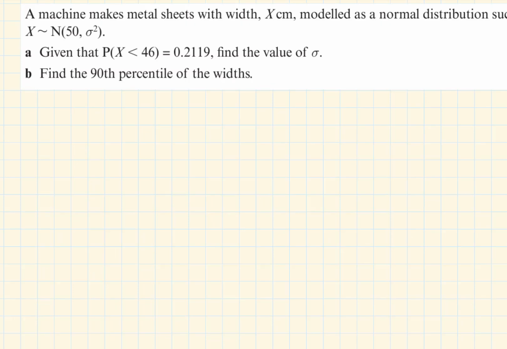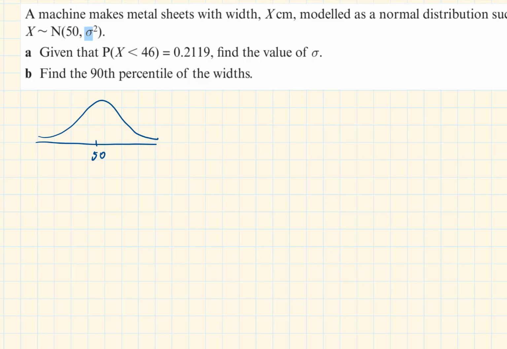In this other question, the sigma is missing. And we are going to use the same methods, but instead of the mean, we will work out the standard deviation. We can start by drawing a diagram with the mean 50.